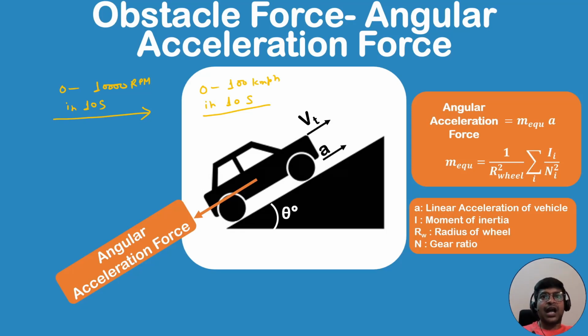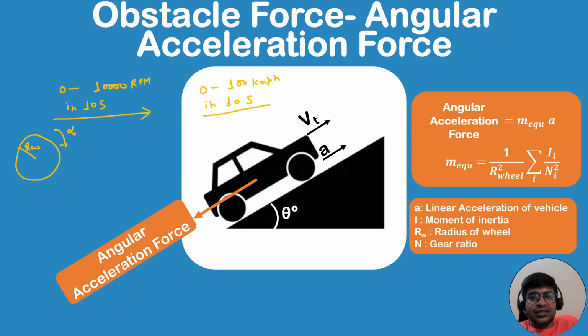Now that we understood what the angular acceleration force is, the only remaining thing is to calculate the amount of angular acceleration force. So here I will take an example of a rotating component, the wheel. Let's say this is the wheel, whose radius is rw and having an angular acceleration alpha.